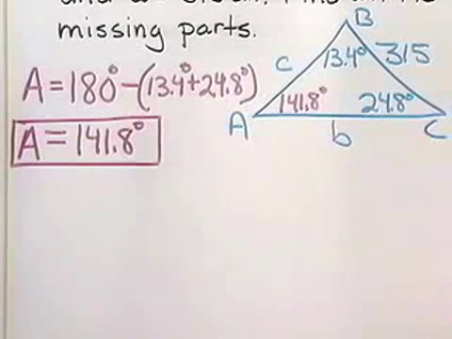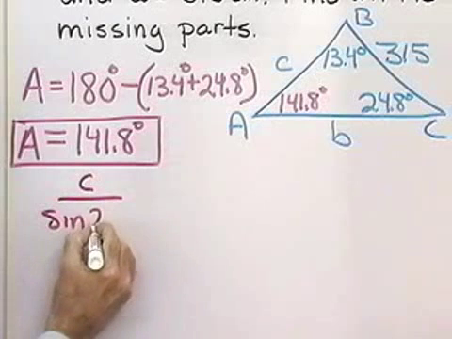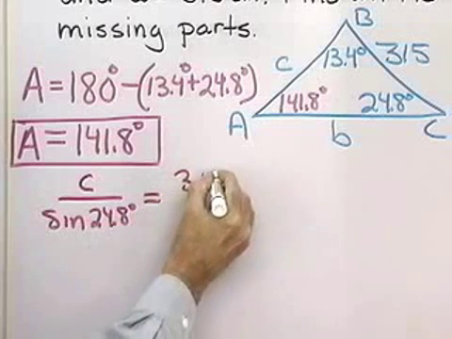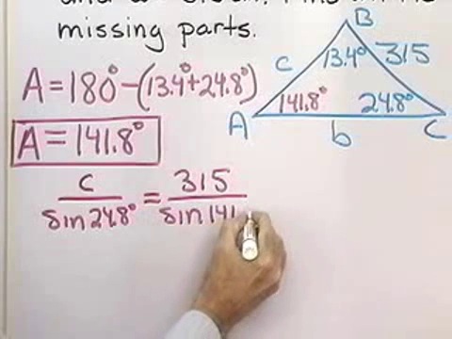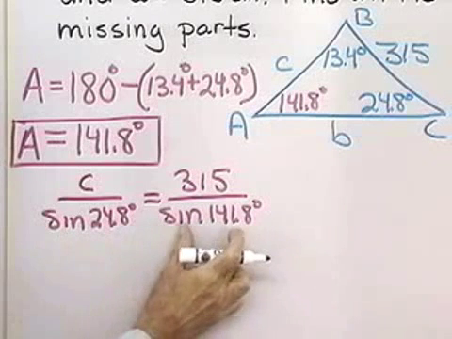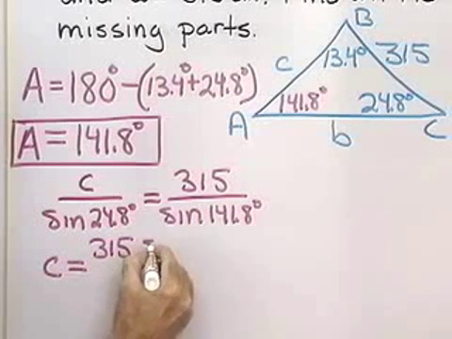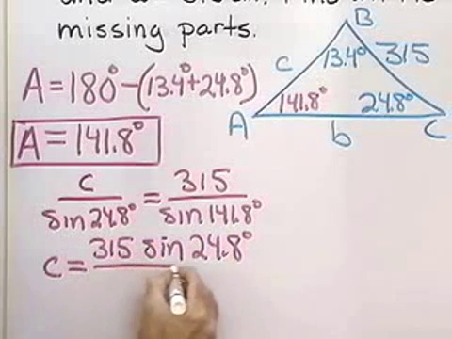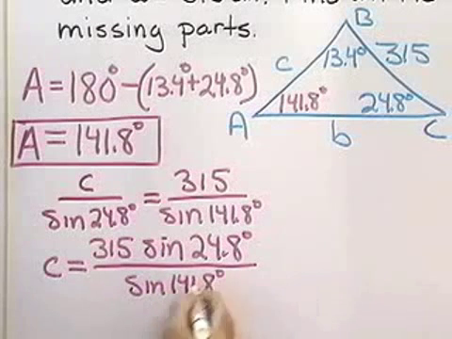Here we go. c is to the sine of 24.8 degrees as 315 is to the sine of 141.8 degrees. I'll multiply both sides by sine 24.8 degrees, and I'll end up with c equal to 315 sine 24.8 degrees, all divided by the sine of 141.8 degrees.